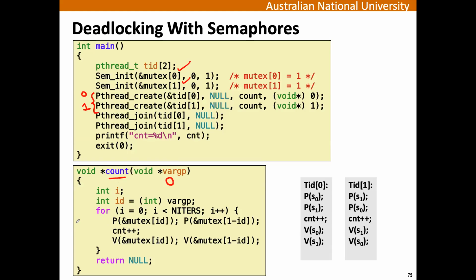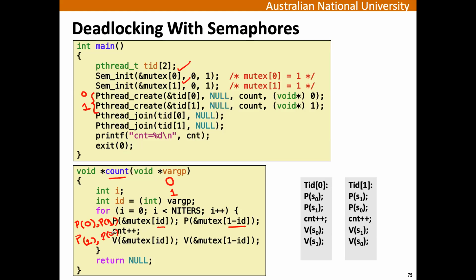Thread 0 is doing P0, and then it's doing P1, right? This is ID 0, this is 1 minus 0, 1. And the thread with the ID of 1 is doing P1, and 1 minus 1, 0, P0, okay?